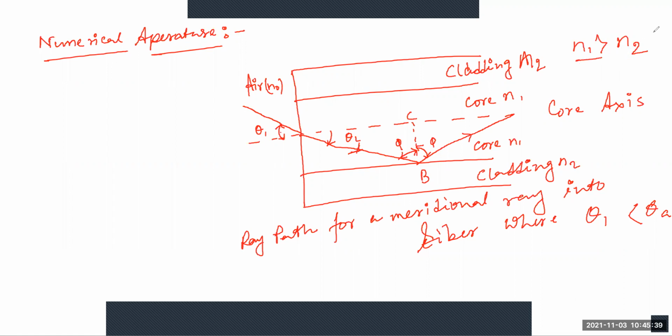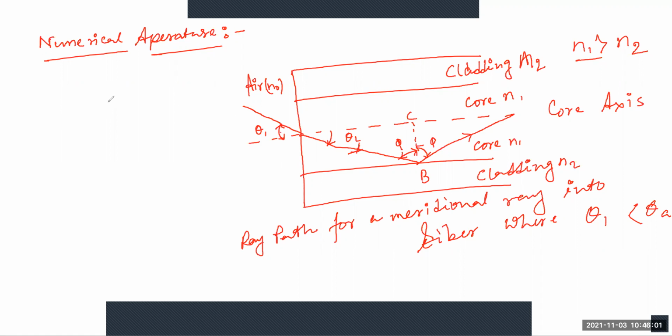Here, assuming that the entrance face of the fiber core is normal to the axis, and considering the refraction at the core and air interface, using Snell's law, I think you already know Snell's law.